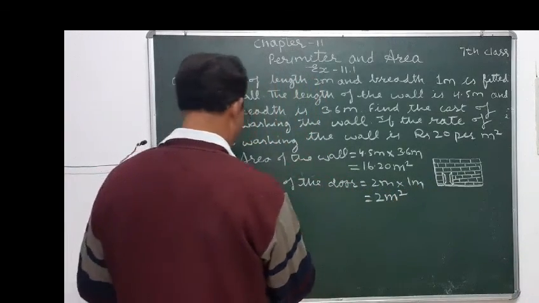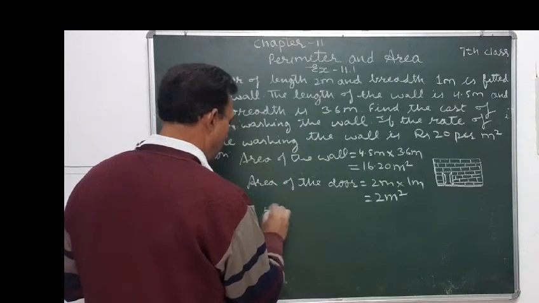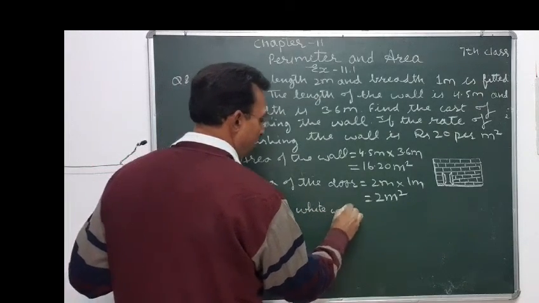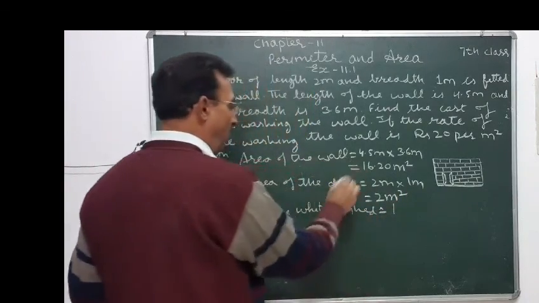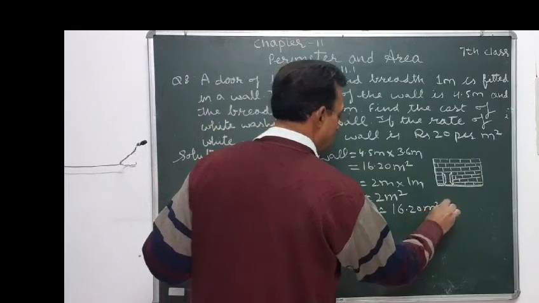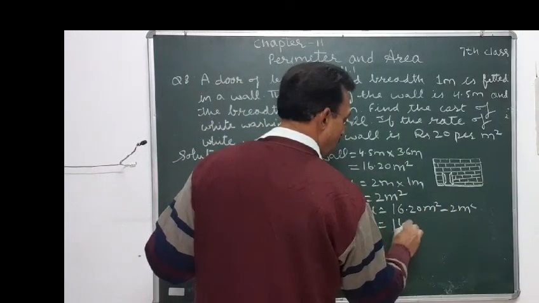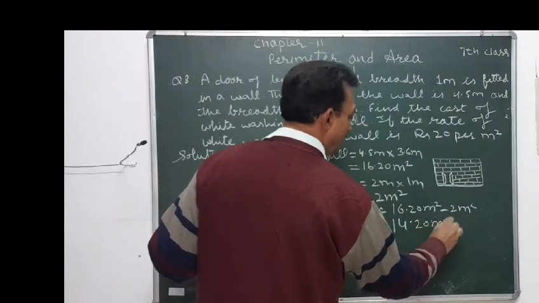So the area to be whitewashed is equal to area of the wall minus area of the door, that is 16.20 meters square minus 2 meters square. This comes out to be 14.20 meters square.